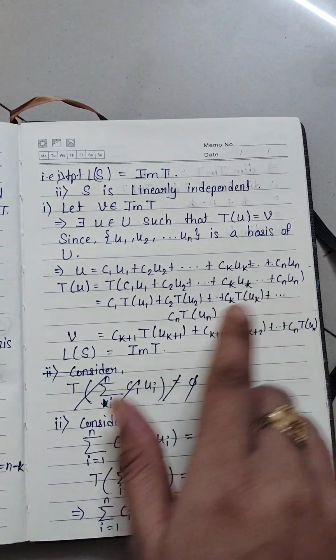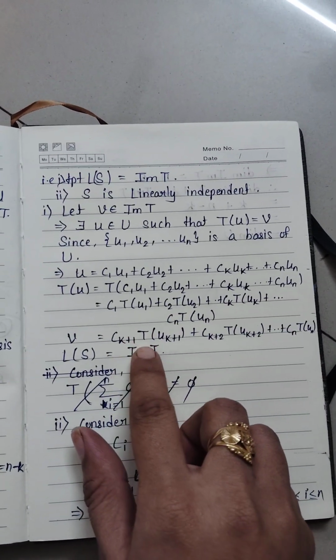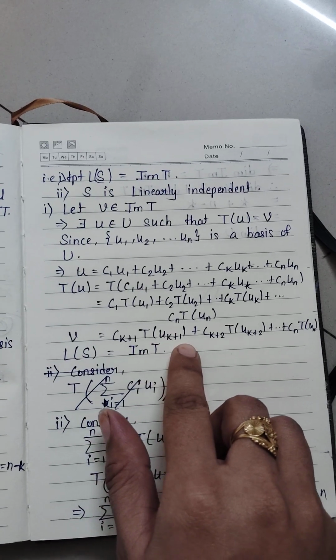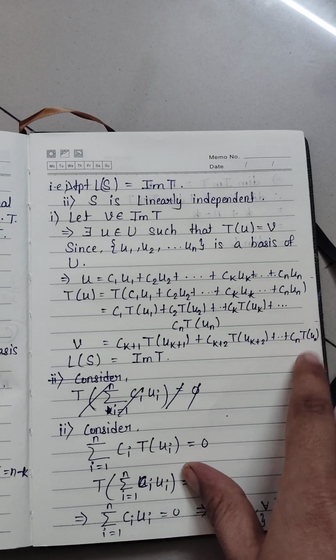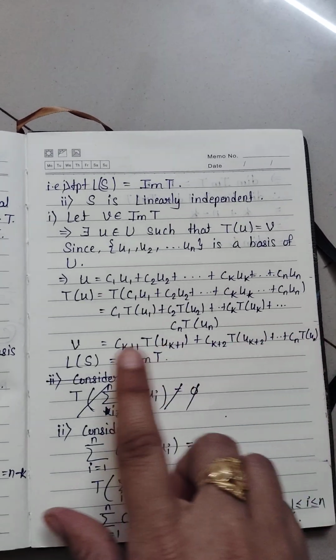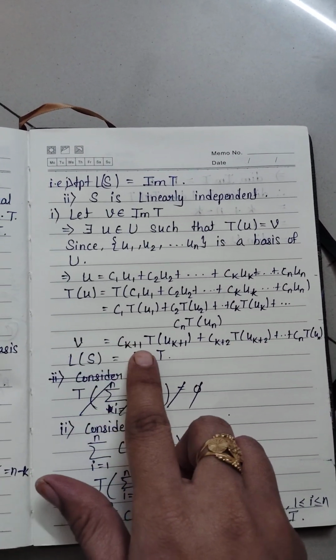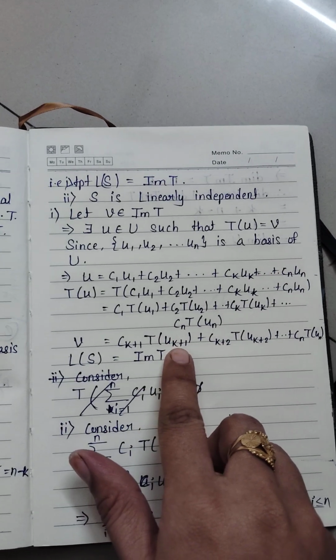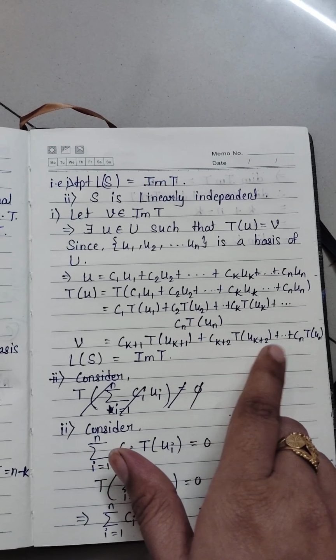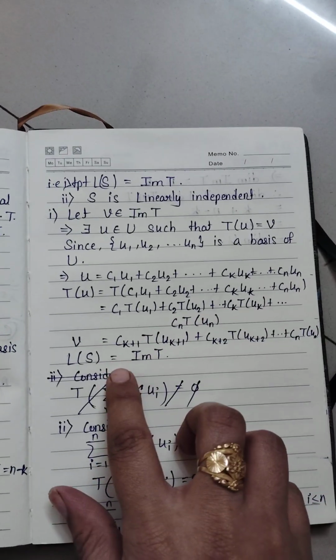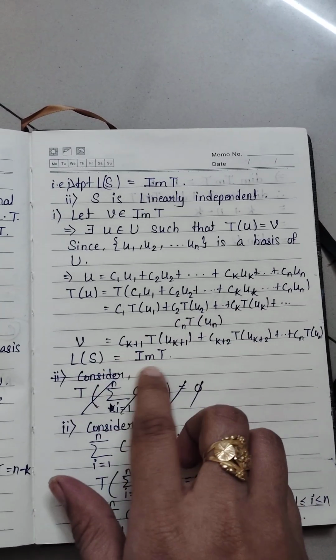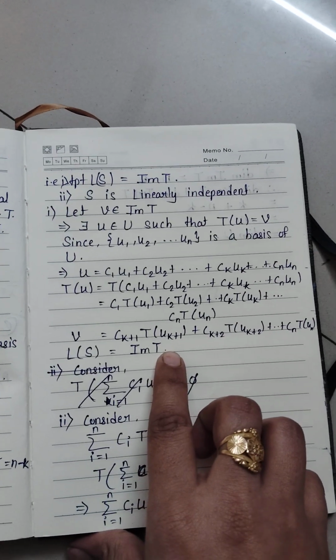So the remaining elements are c(k+1) T of u(k+1) plus c(k+2) T of u(k+2) and so on up to cn T of un. So our v can be written as a linear combination of T of u(k+1), T of u(k+2) and so on up to T of un. That means the linear span of S is the image of T.